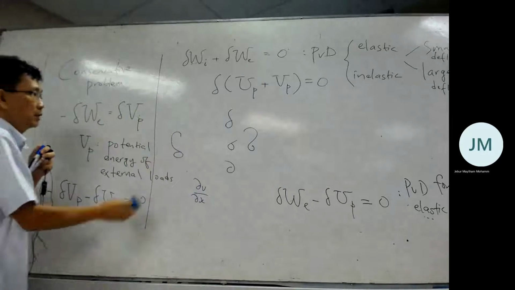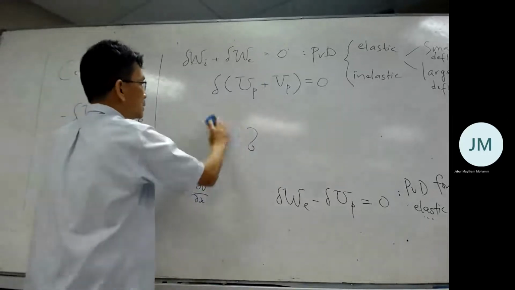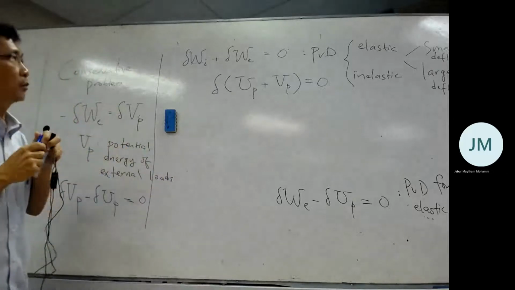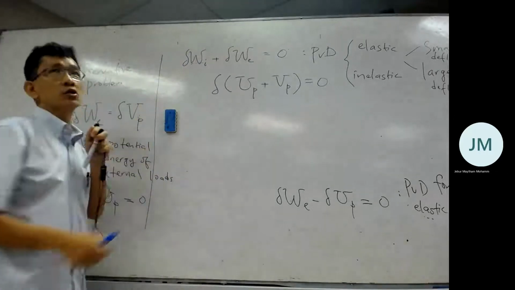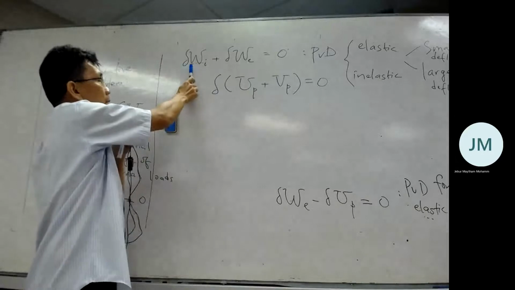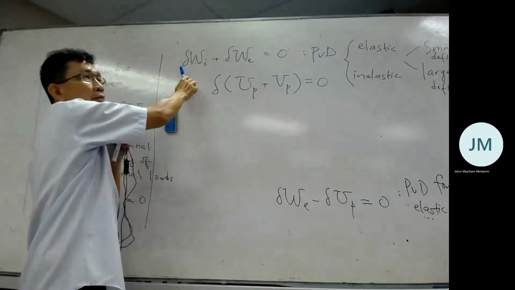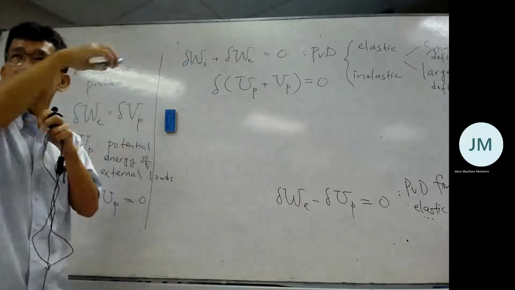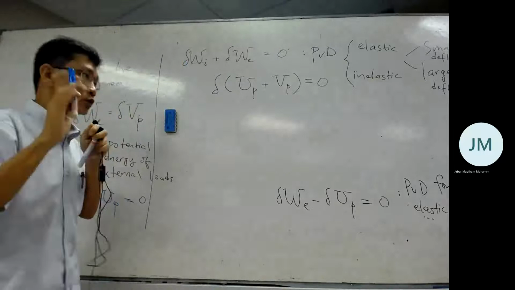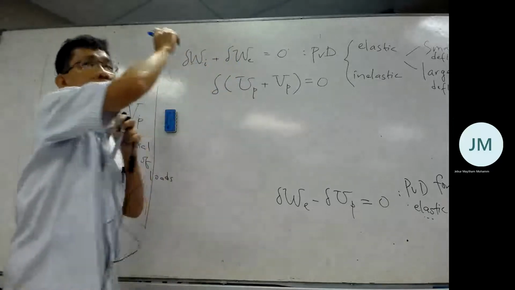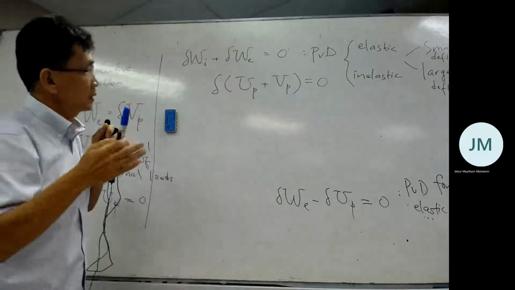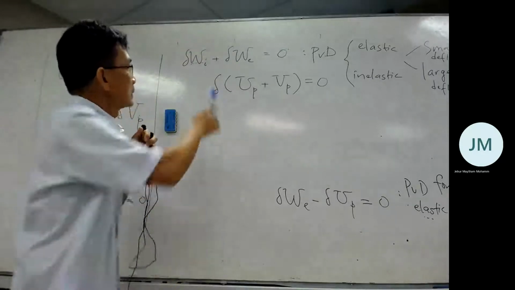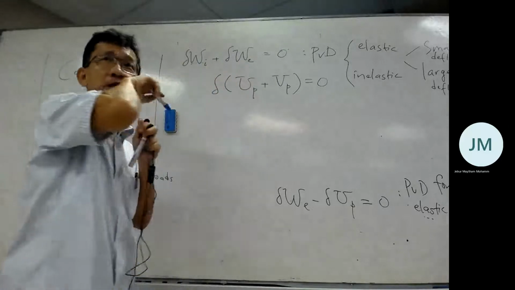But I want to talk a little bit about the understanding of these terms here. So far we talk about this being virtual. So this is a virtual work done by the internal force when the system in equilibrium is given a virtual displacement. And this is a virtual work done by external force when the system in equilibrium is given a virtual displacement. And according to PVD, the summation must be 0.